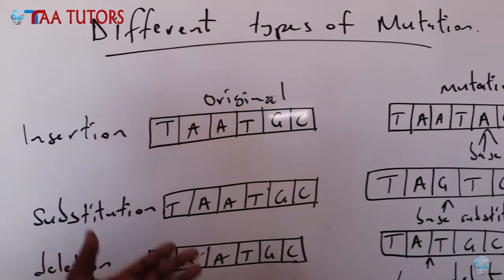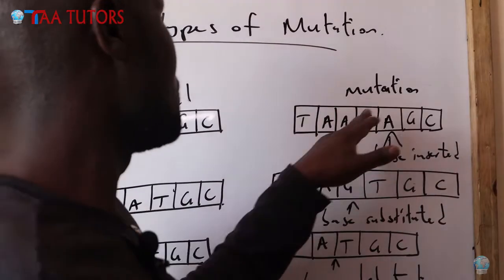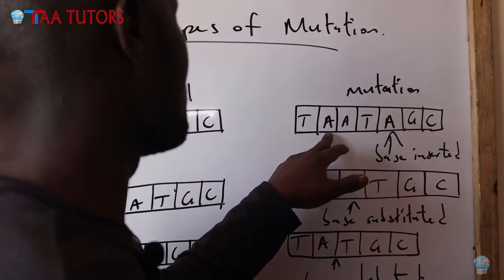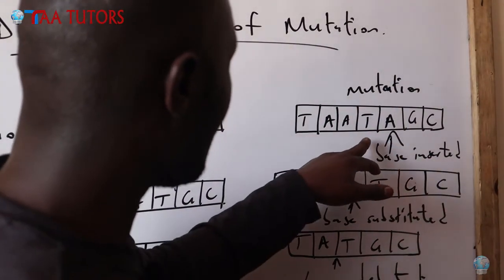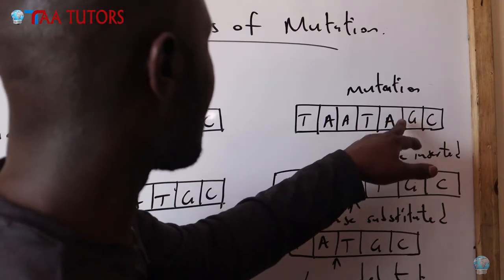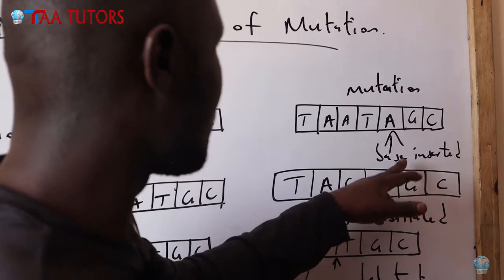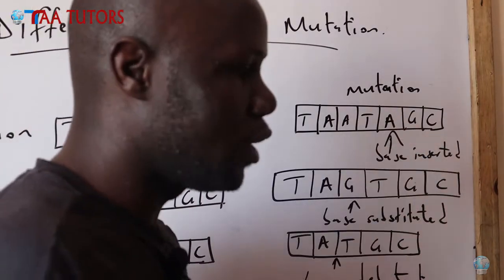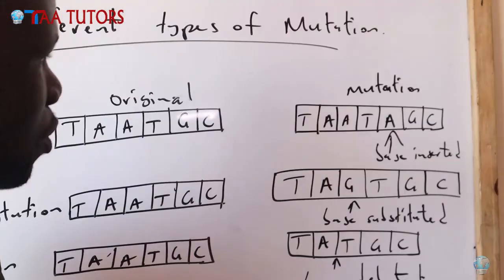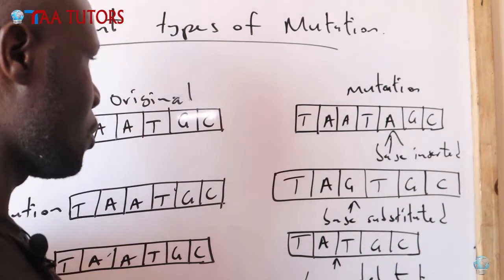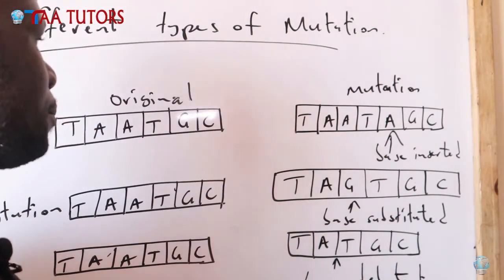At the end of the day, the mutated gene will look like this. We see that there is a new base that has been inserted in between. This is what we originally have, and then there's a nitrogenous base that has been inserted there. So that means we now have a new code with new information. That is one of the things that can happen there.